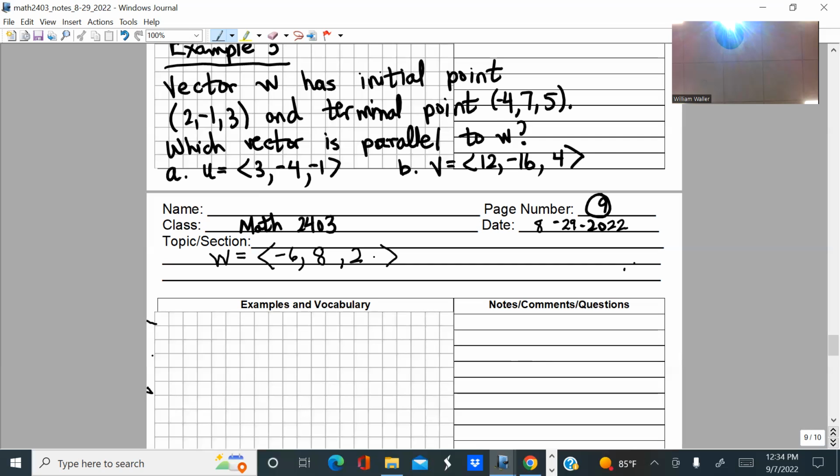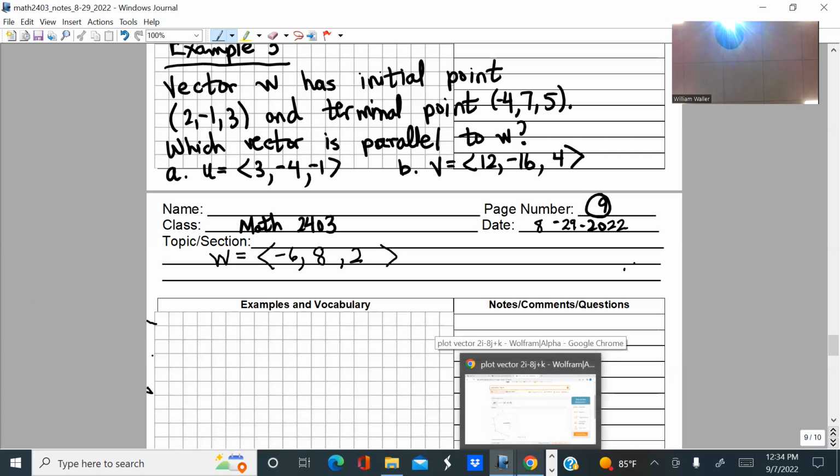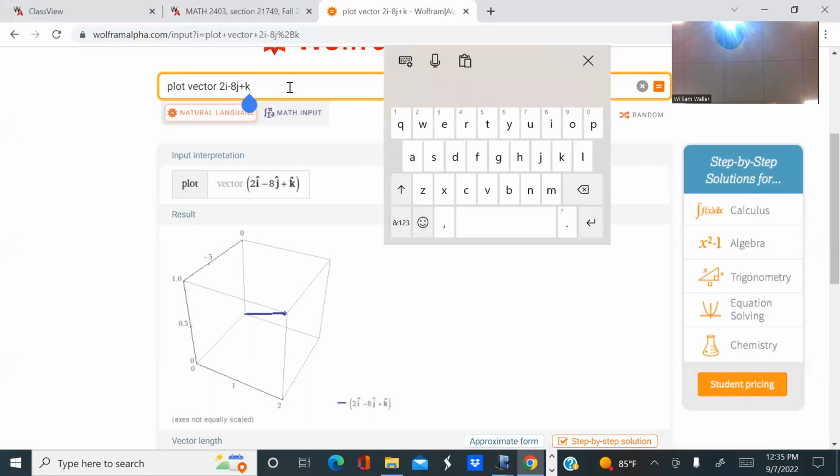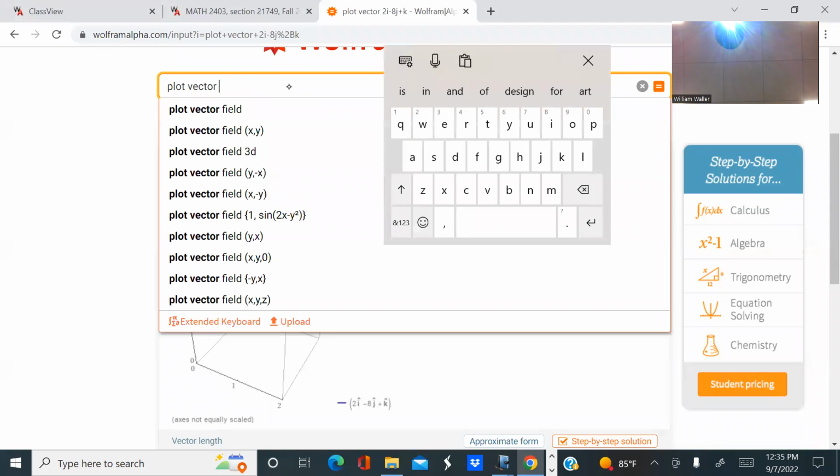Oh, I just can't stand it. Did I close WebAssign? Let's look in WebAssign and plot these vectors. I just want to see if we can answer our question that way. All right, so let's plot that original vector W, and then one of the other two vectors we were given. So what's the vector W?